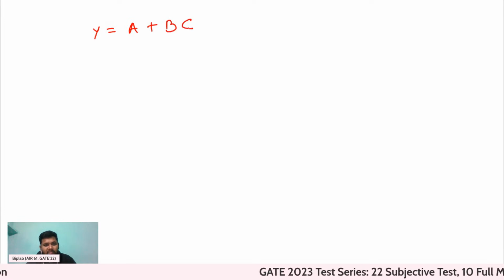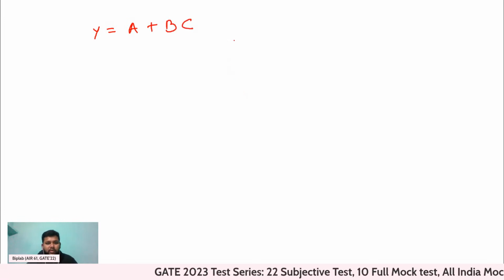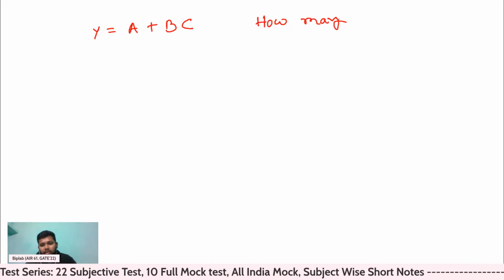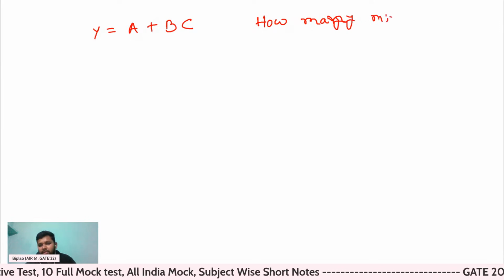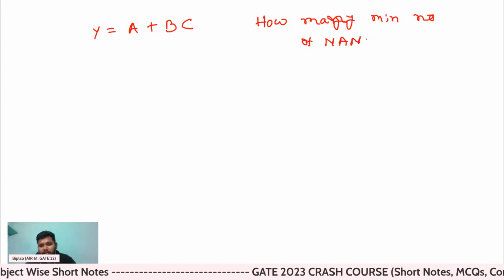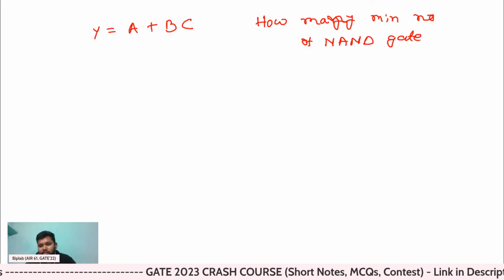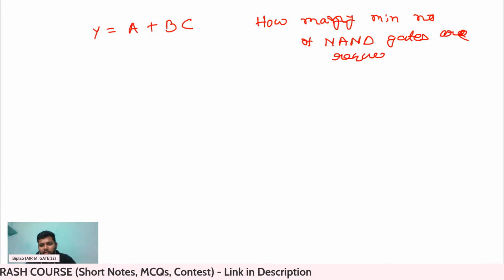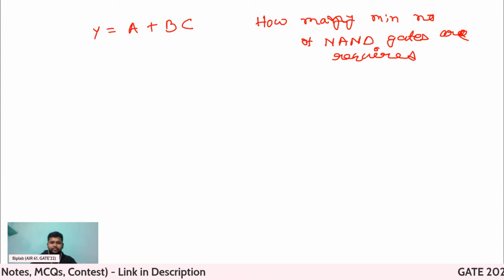So let's do a slightly different type of question, that is the minimum number of NAND gates question. You are given an expression y equals a plus bc. The question is, how many minimum number of NAND gates are required?